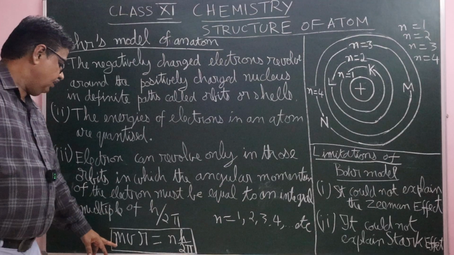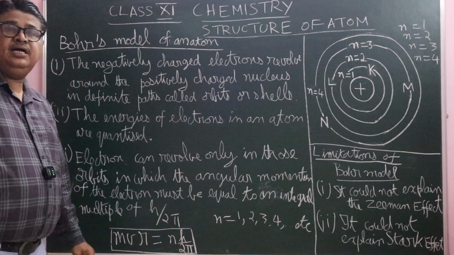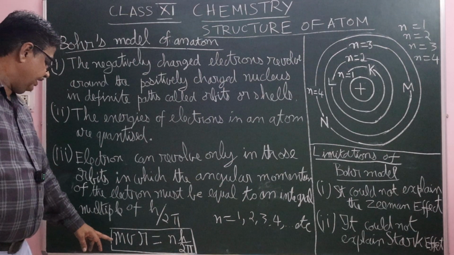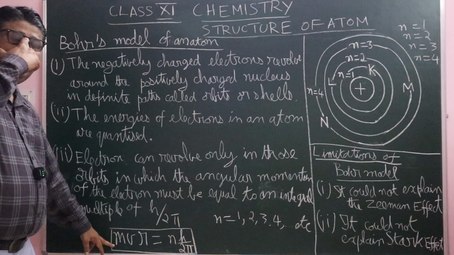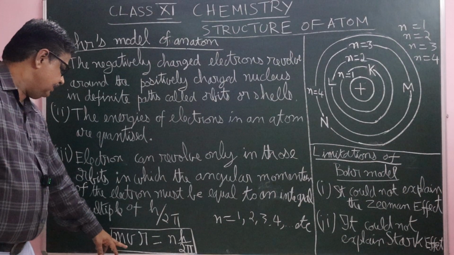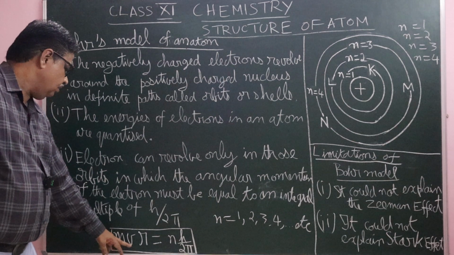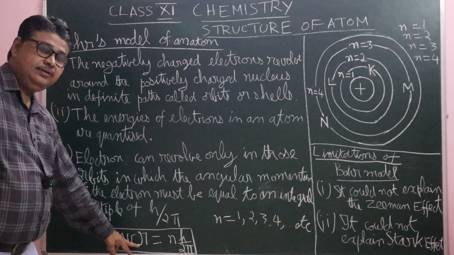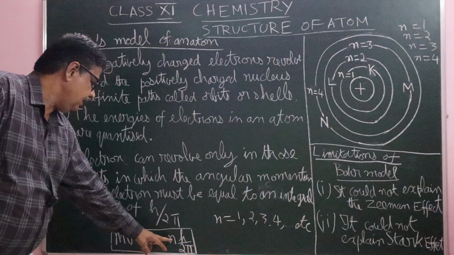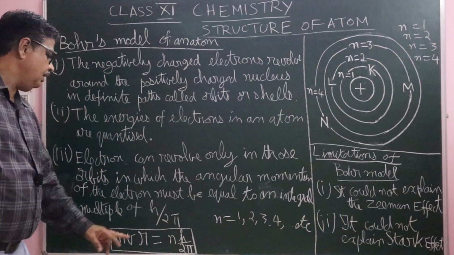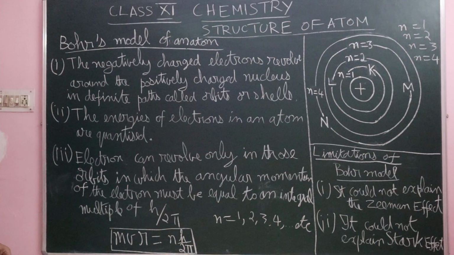That is, mvr is equal to nh by 2 pi, where m is the mass of the electron, v is the velocity of the electron, r is the radius of the orbit, and h is Planck's constant.